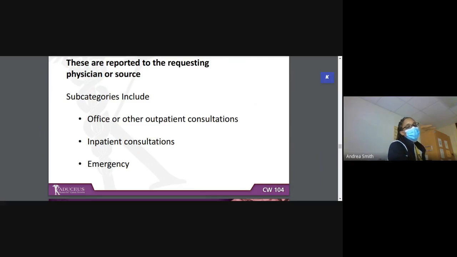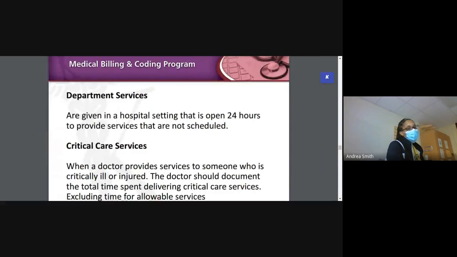These are reported to the requesting physician or source. The subcategories include office or other outpatient consultations, inpatient consultations, and emergency department services.